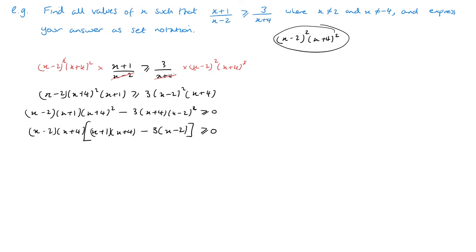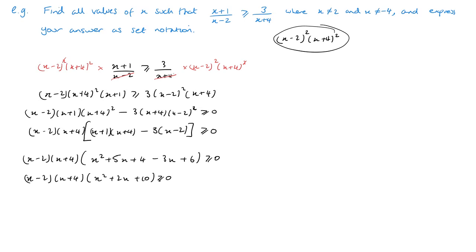So now I've just got to simplify and sort this out, which initially leaves me this, and then collecting like terms. Now, normally I would factorize this bracket, but looking at it, the b squared minus 4ac is going to be negative, which means that this is going to have no real solutions.